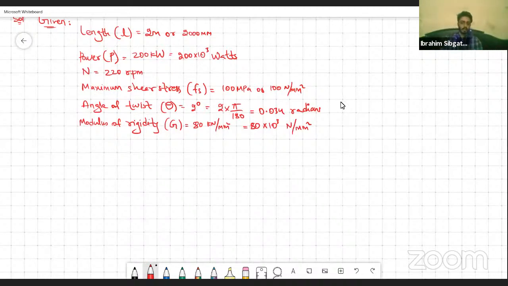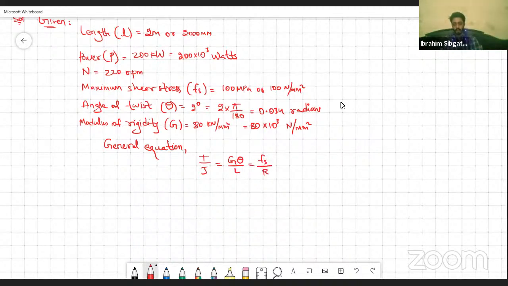Okay, so general equation is T by J equals to G theta by L equals to Fs by R. Okay, so over here, when it comes to finding out the diameter and the safe UDL on a beam or column, we are going to calculate these things using two cases.